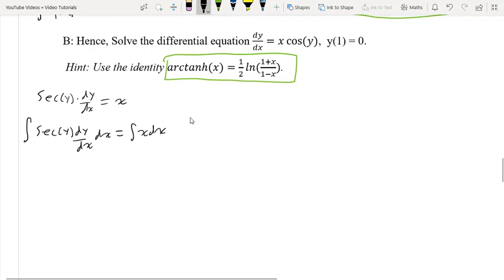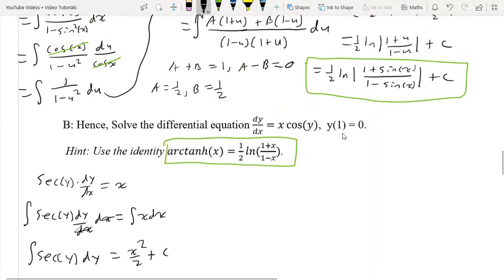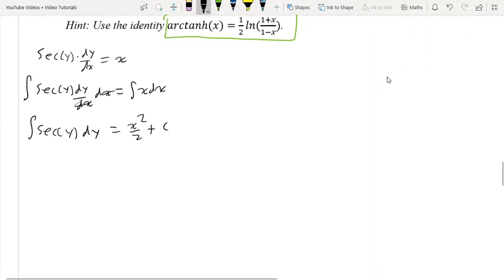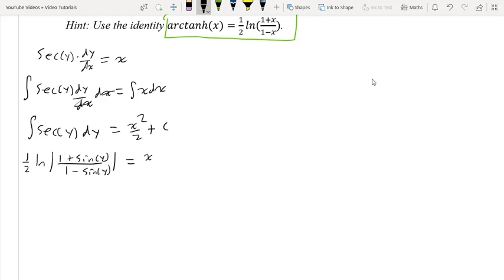So now what we're going to get is the integral of sec y dy equals x squared over 2 plus c. Well, we know the integral of secant, that's what we got over here. So this will be 1 over 2 ln of (1 plus sin y) over (1 minus sin y) is equal to x squared over 2 plus c.